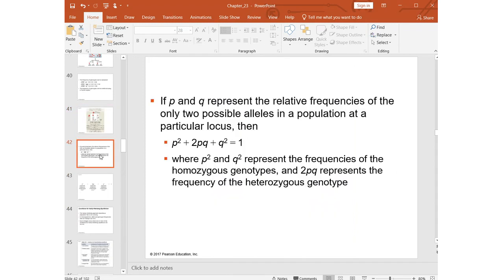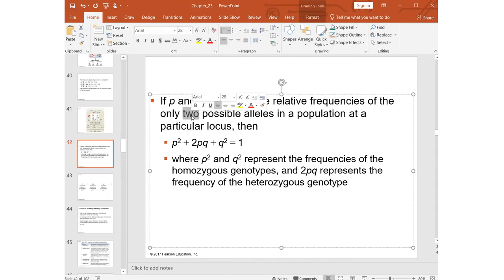So then, if p and q represent the relative frequencies of only 2 possible alleles in a population at a particular locus, then p squared plus 2pq plus q squared equals 1. Now, if there were 3 possible alleles, we'd have to have a different equation, with p, q, and r maybe.